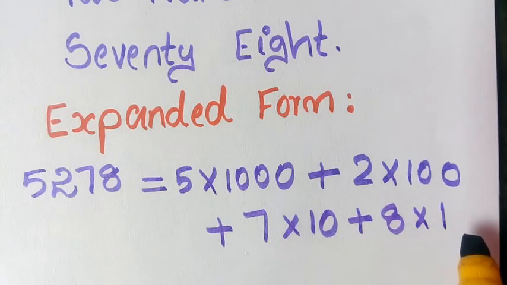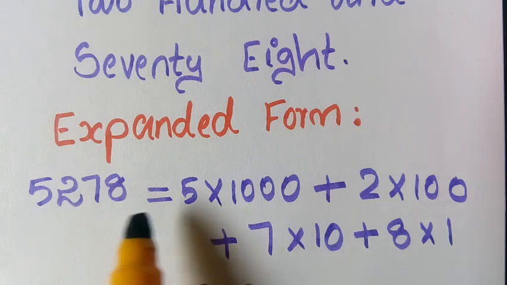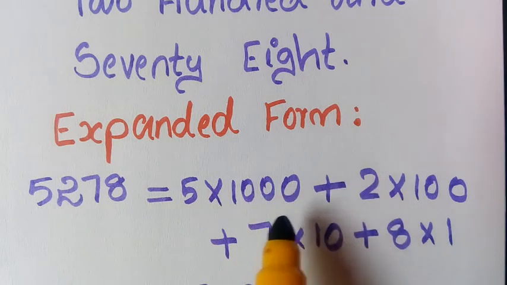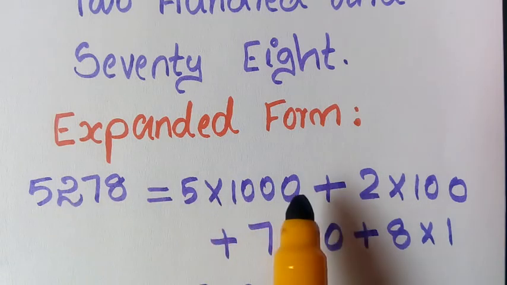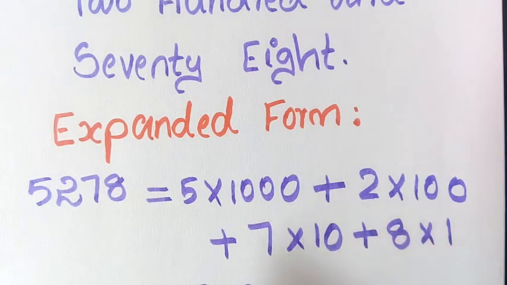So 8 into 1. Explain again. If you need to write the expanded form, first you need to write the digit, then into the place value of that digit, plus next digit into place value, plus next digit into place value, and so on.